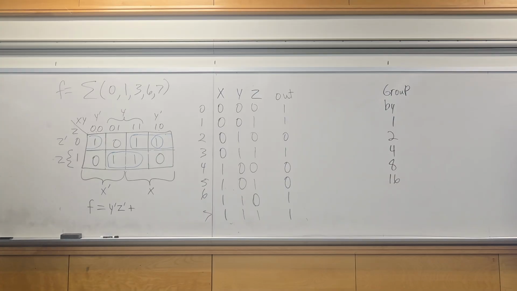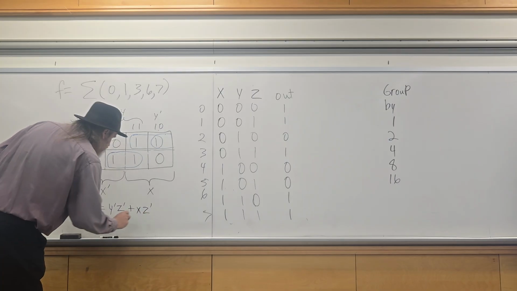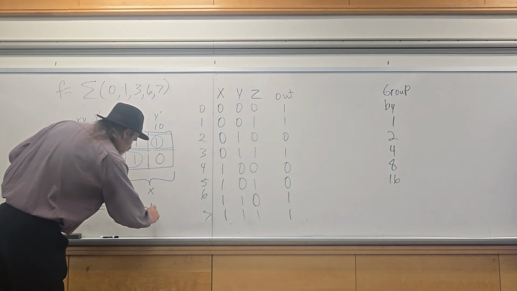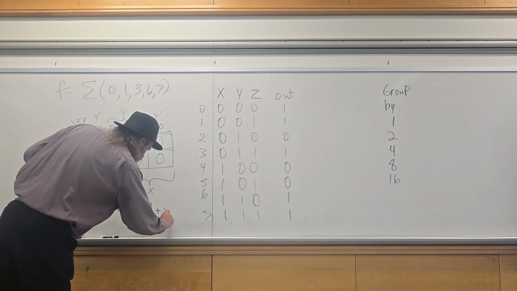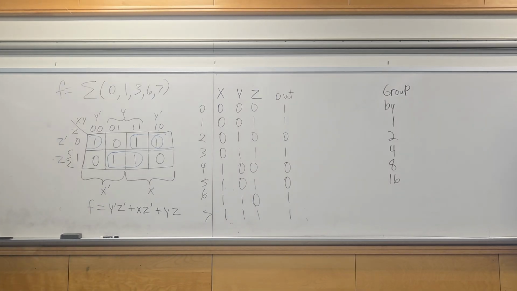Z prime x. Exactly. So we'll x z prime that. And this bottom center one? YZ. Yep. And that is your reduced expression for that thing. There's no algebraic manipulation needed to reduce it any further.